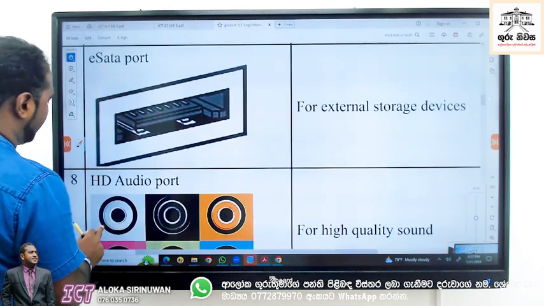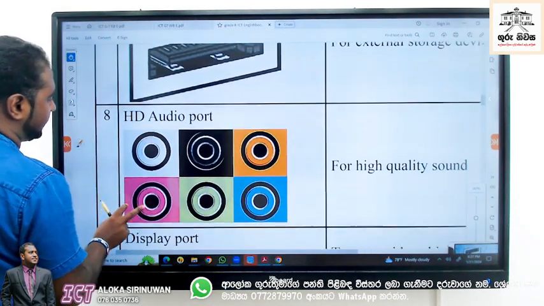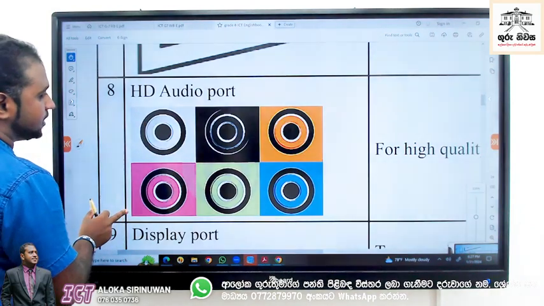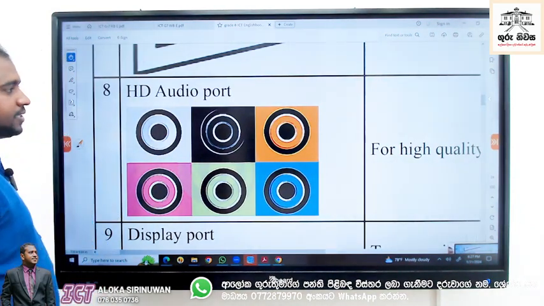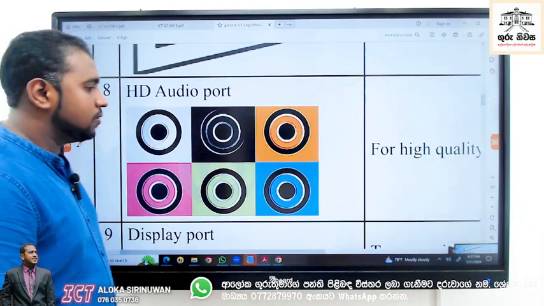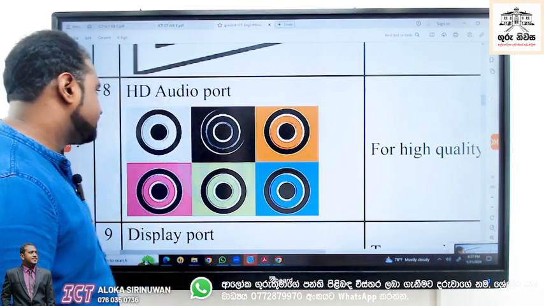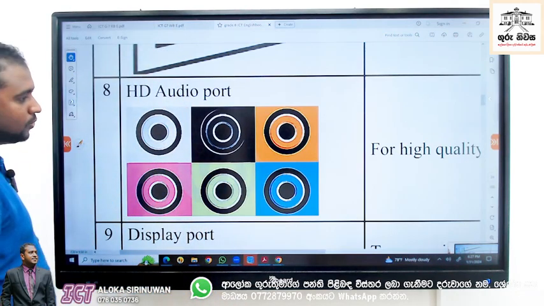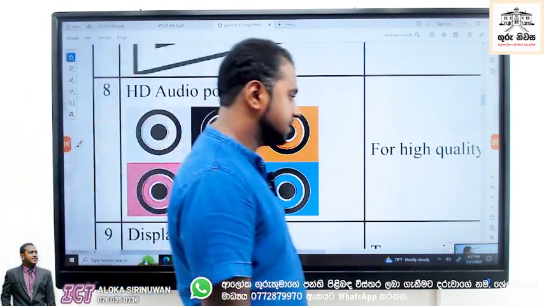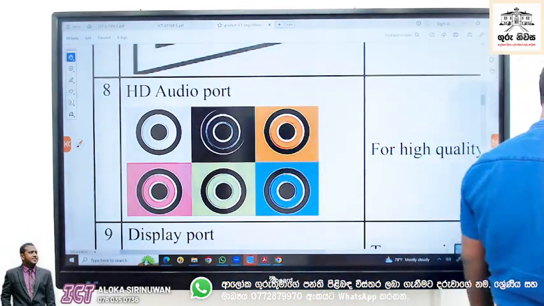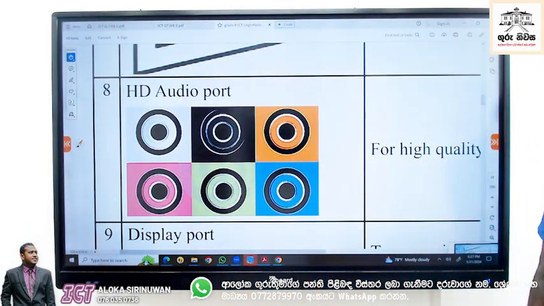Then the 8th port, remember, the 8th one is the HD audio port. HD stands for high definition. High definition audio port.